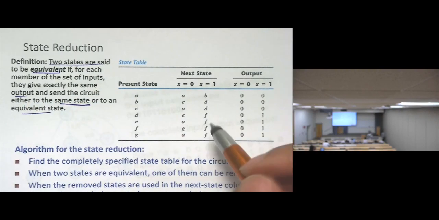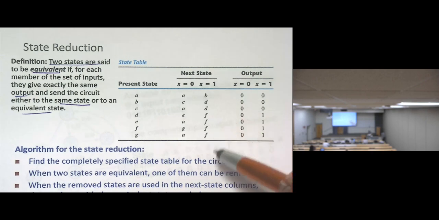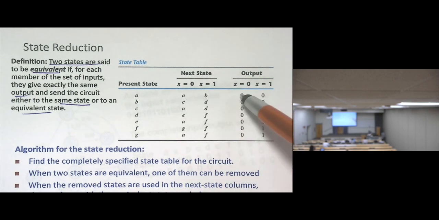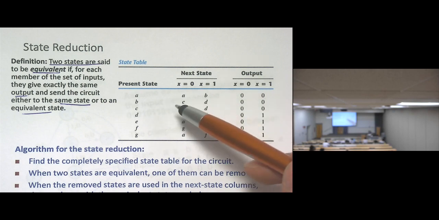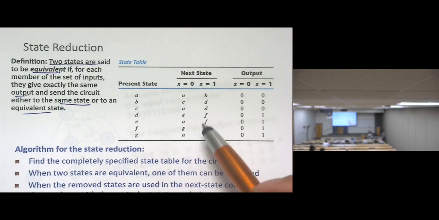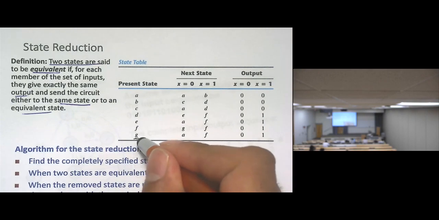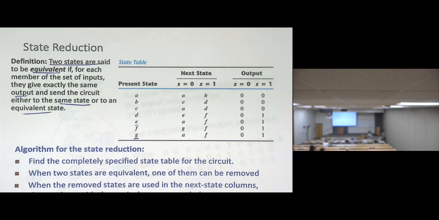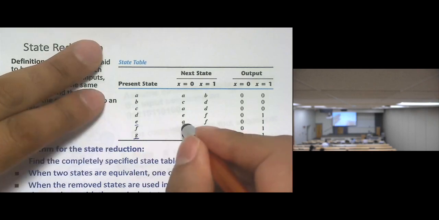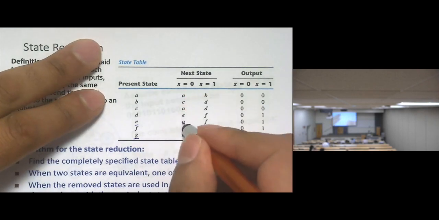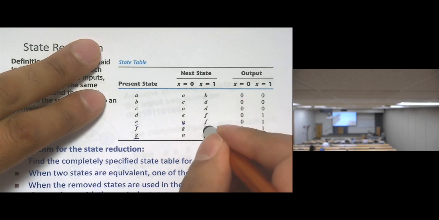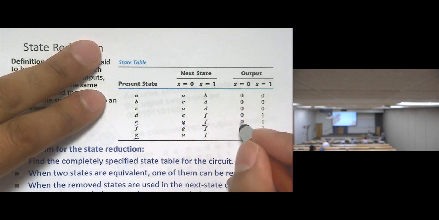So let's make some observations here. Are there any states that give the same outputs for the same input? We can see many, but we need to look also at the next states. Looking at state G and state E: state E, if the input is 0, goes to state A. If the input is 1, we go to state B. If the input is 0, the output is 0.